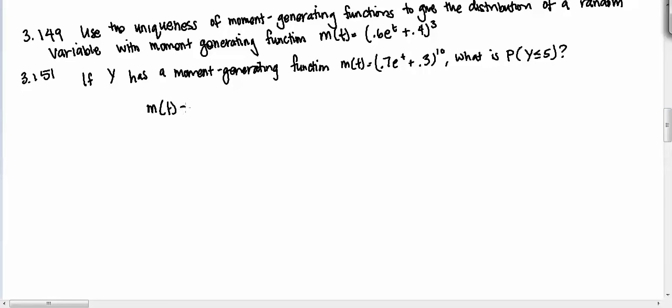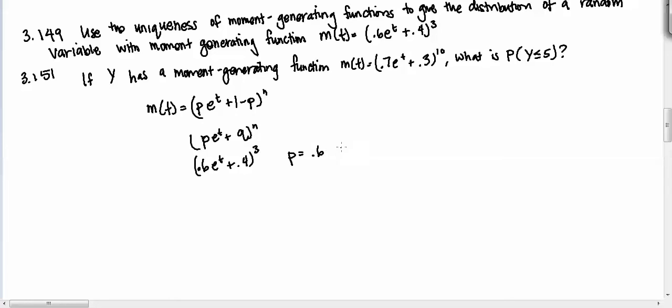M(t) is equal to (p e^t plus 1 minus p, also known as q) to the n power. Comparing this to the function they were giving me, (0.6 e^t plus 0.4) to the 3, it's kind of obvious that p is 0.6, and q is 1 minus p, which is 0.4.